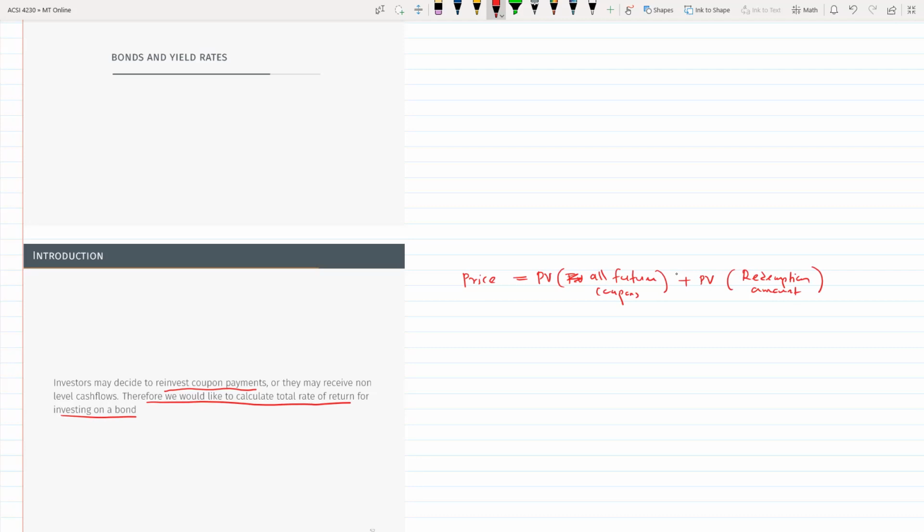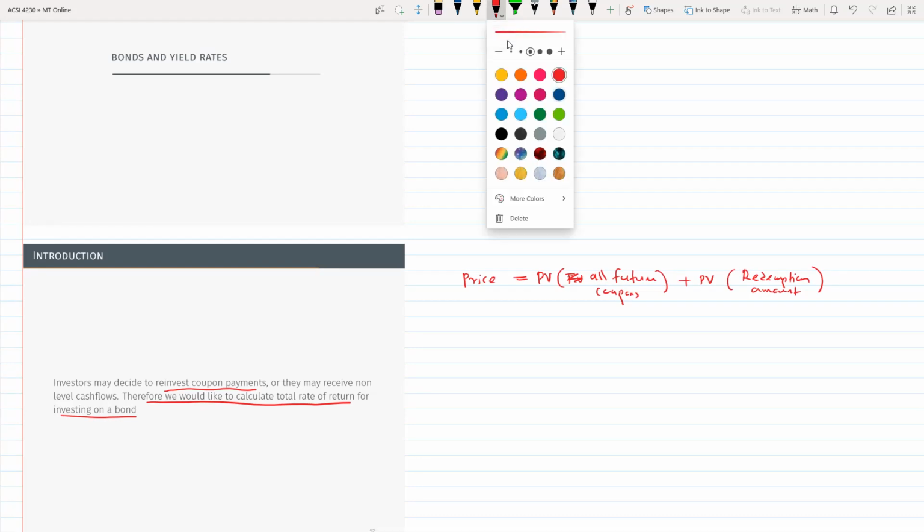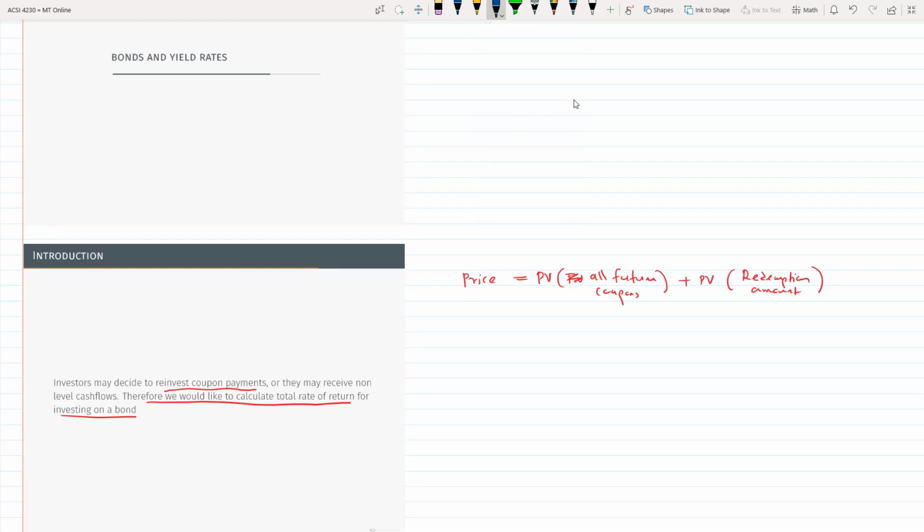Whenever we talk about present value, you need to talk about the rate you are using to discount it. So with the present value, you have the discounting rate.